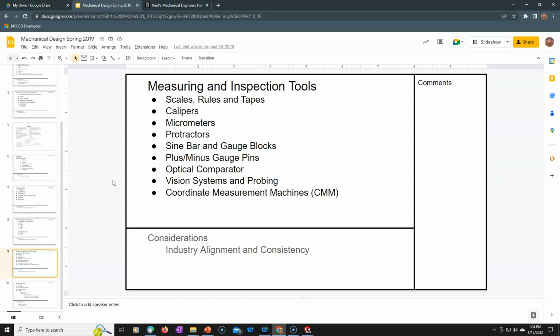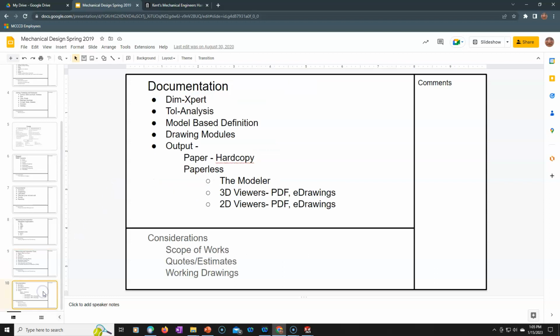And the coordinate measuring machines then take it up to another level, where we're taking the geometry out of our solid modeler and putting it into the CMM system that will create datums and perform the measurements on that machine and generate a report.